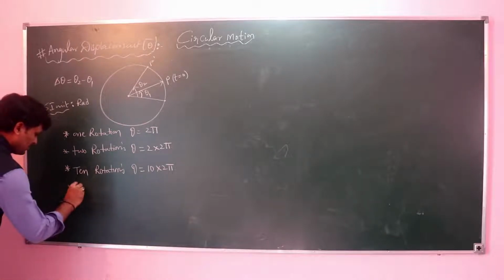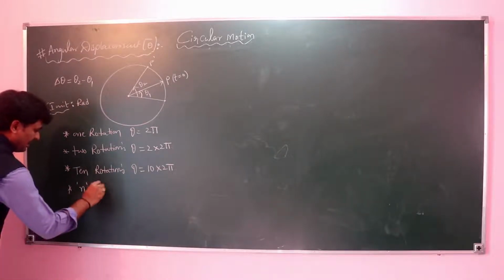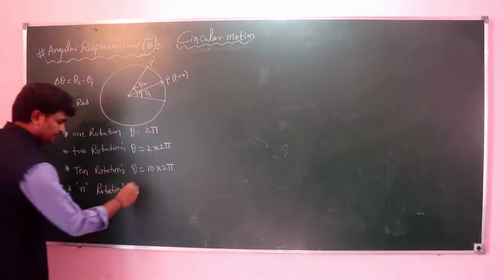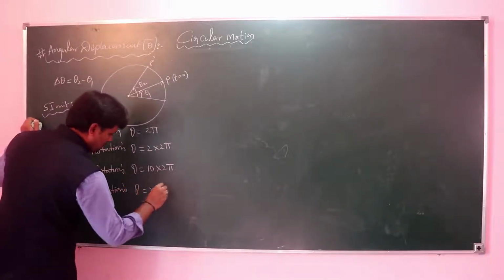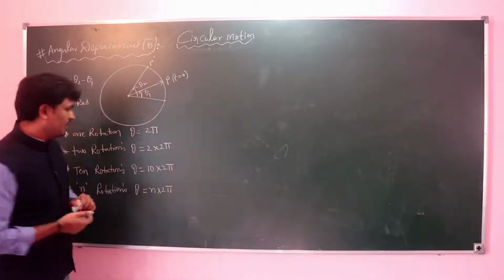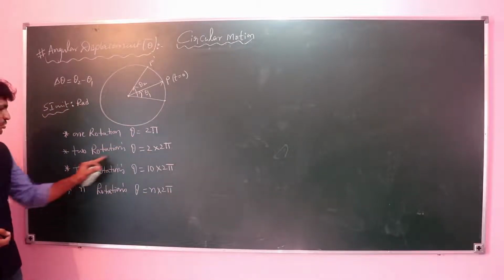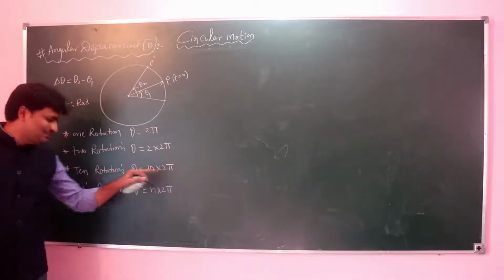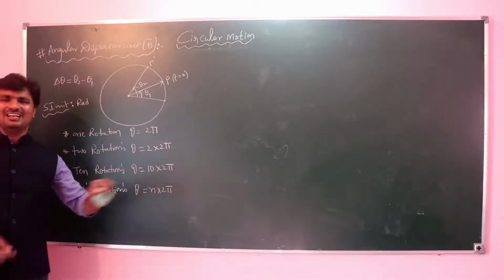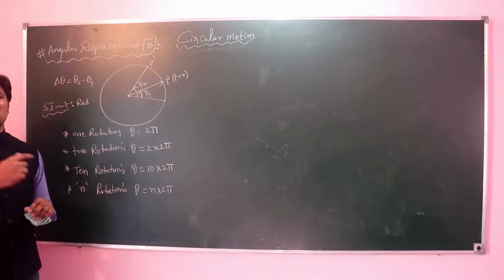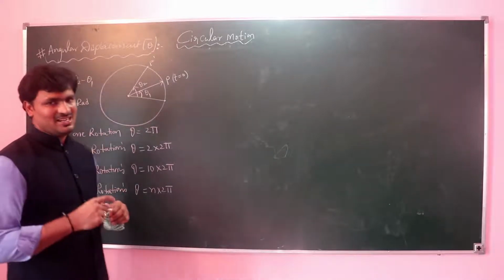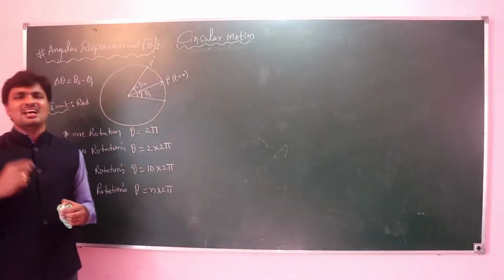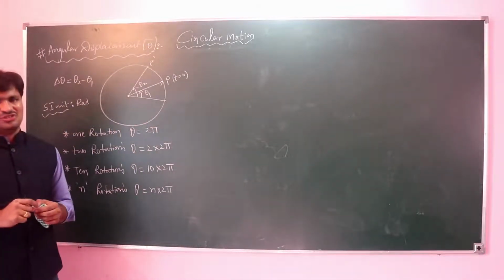For n rotations, the angular displacement is n into 2 pi. One rotation 2 pi, two rotations 2 into 2 pi, 10 rotations 10 into 2 pi, and n rotations n into 2 pi. Angular displacement is nothing but simply the change in angular position.